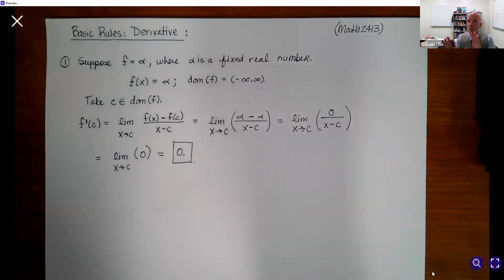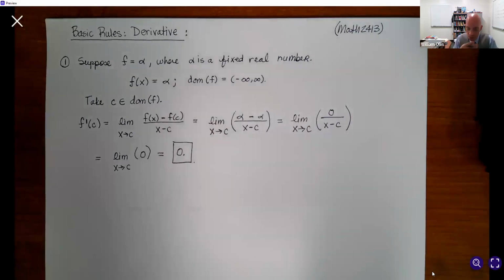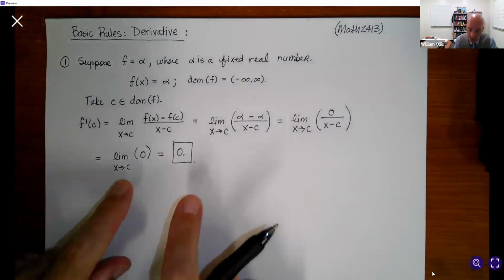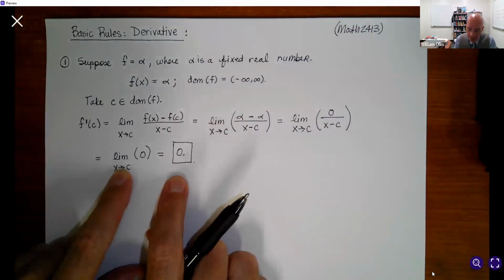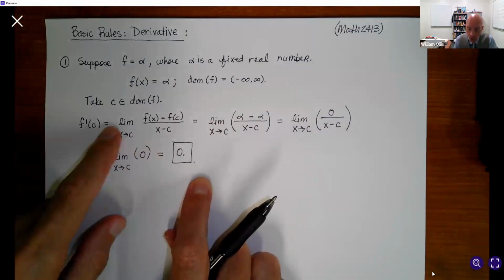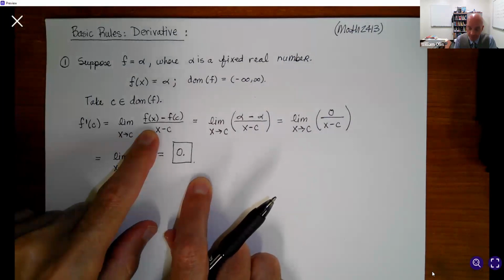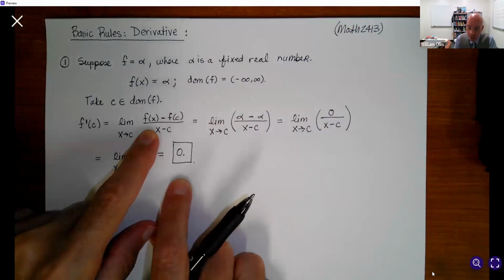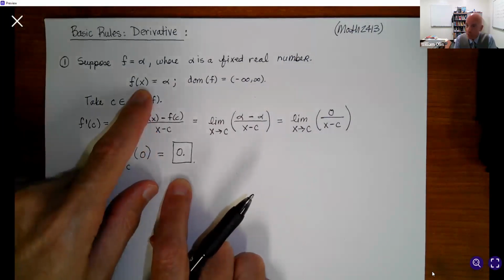If you're taking the limit of a constant, then you get the said constant. So notice here, we have the limit of a constant, which is said constant. But we started with the difference quotient. And the difference quotient was built upon a constant function.